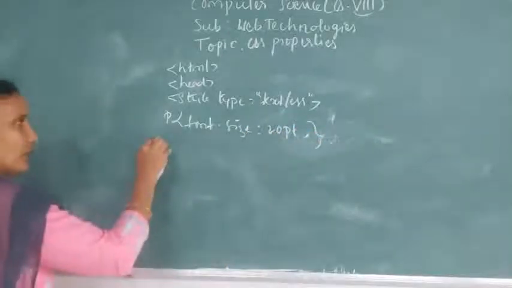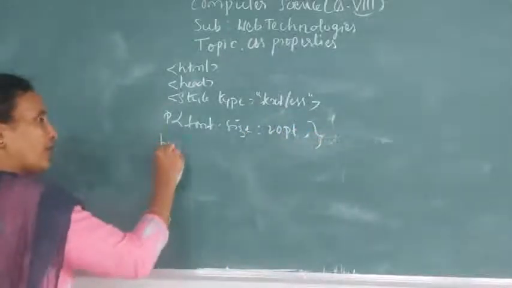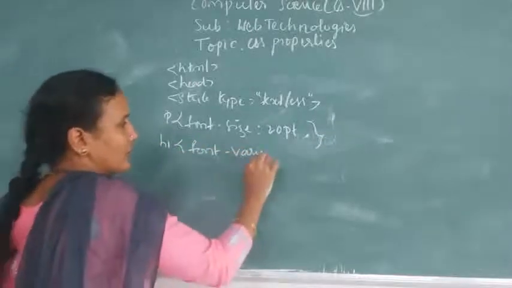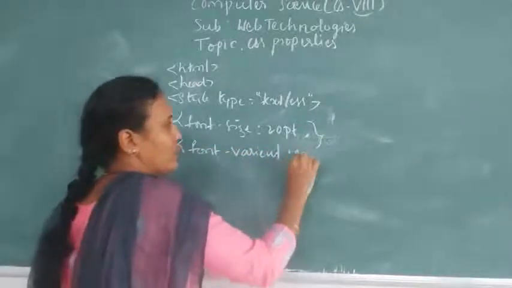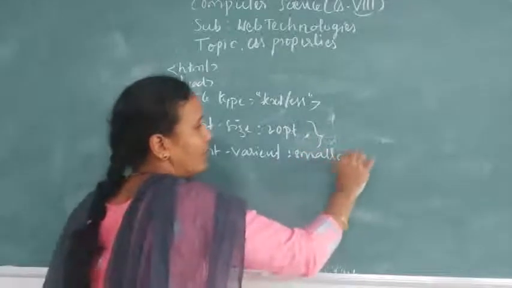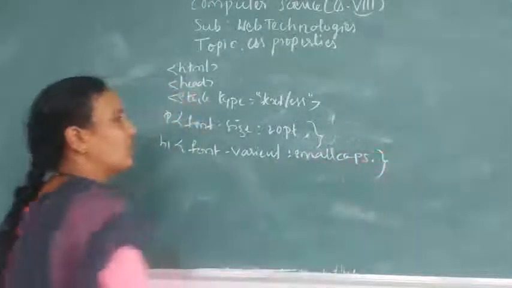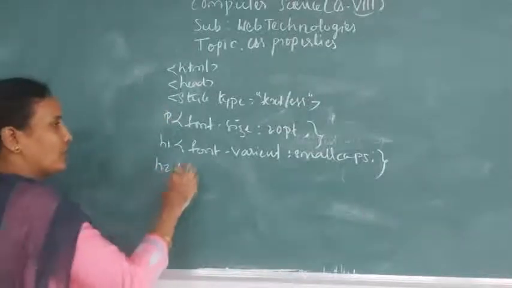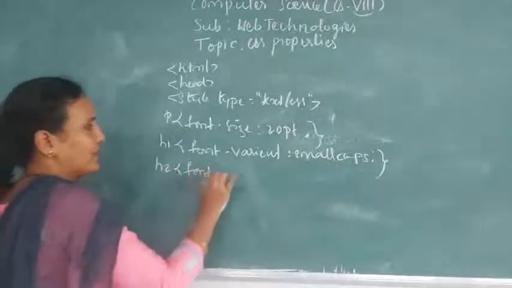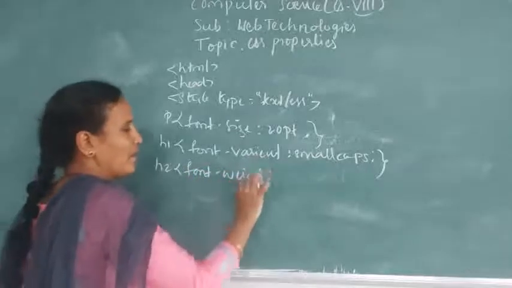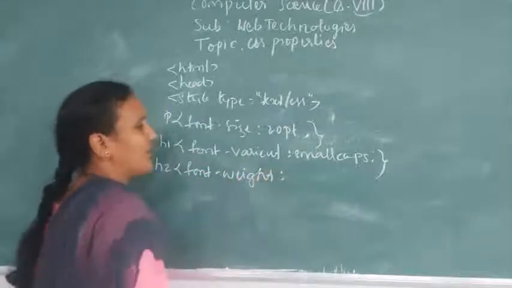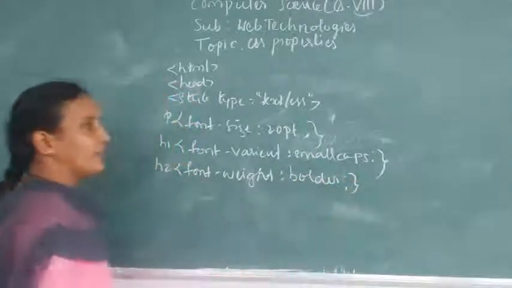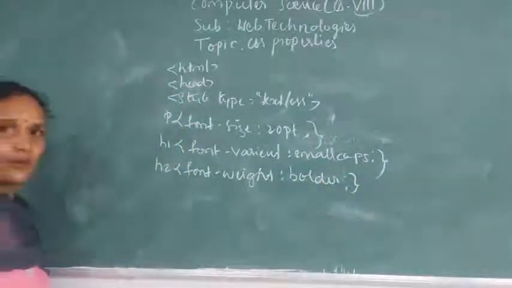Next, H1 font-variant small caps. Whatever examples I have given, you include all of them in the style type. Next, H2 font-weight, for example bold. Like this, you include all the properties I have given.